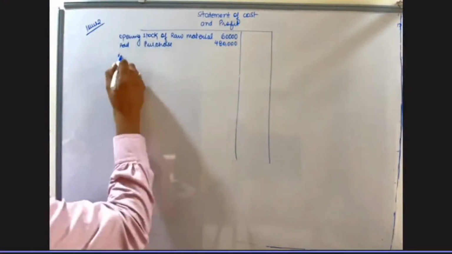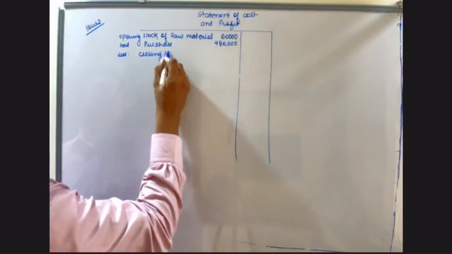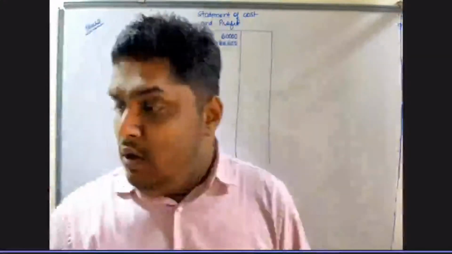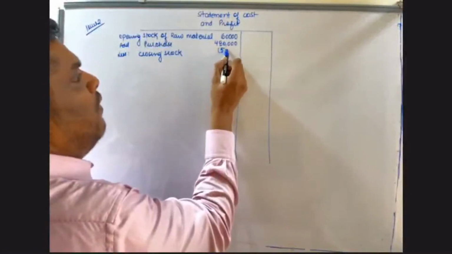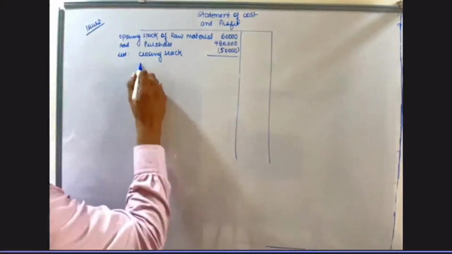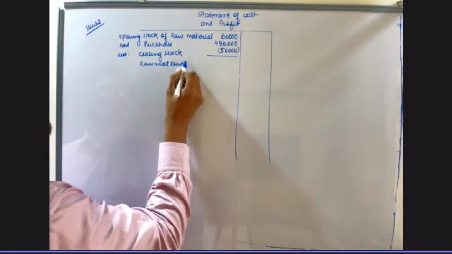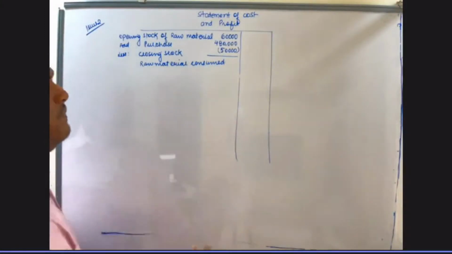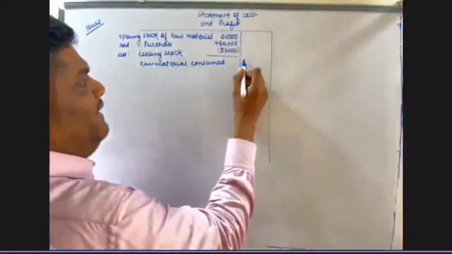We will subtract closing stock of raw material. When talking about the closing stock, it is 50,000. So raw material consumed will be 4,90,000.